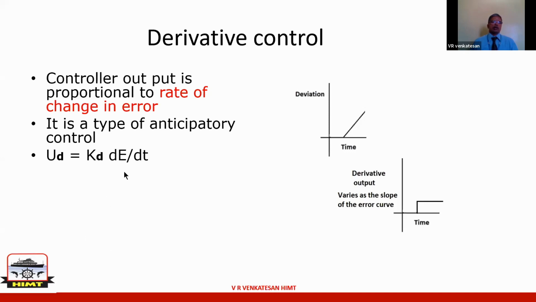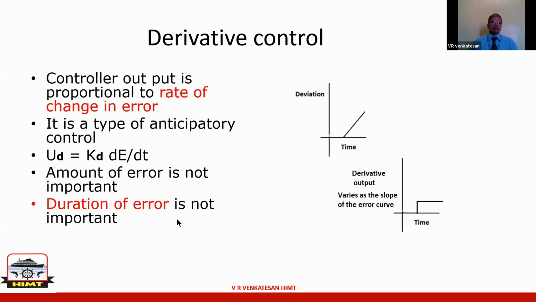So it doesn't matter what is the value of the error, and it also doesn't matter what is the duration of the error. Where is duration of error important? Which type of control? Integral. Integral control reacts to duration of error. So even a small error can produce large output if the duration is long. That was the principle of integral.